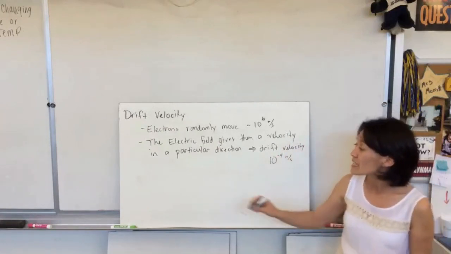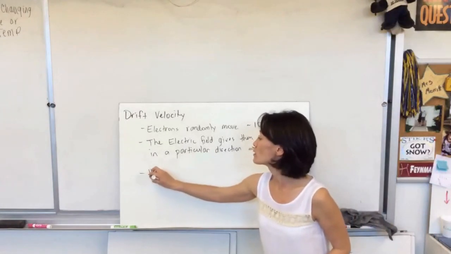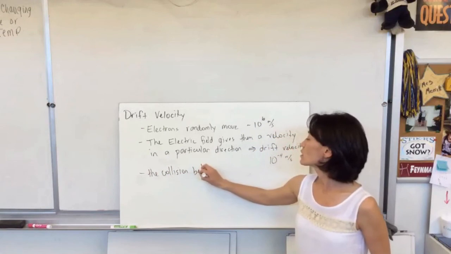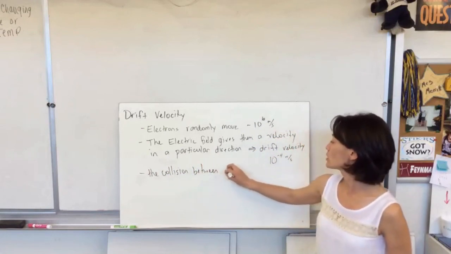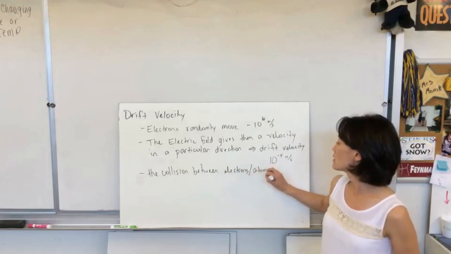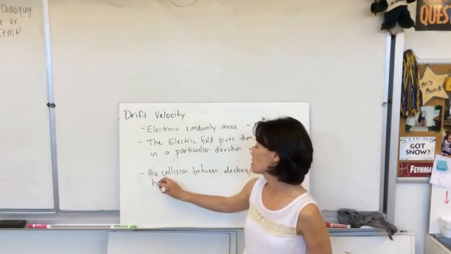But the collision that ensues, the collision between electrons and the atoms, this is what happens at the speed of light.